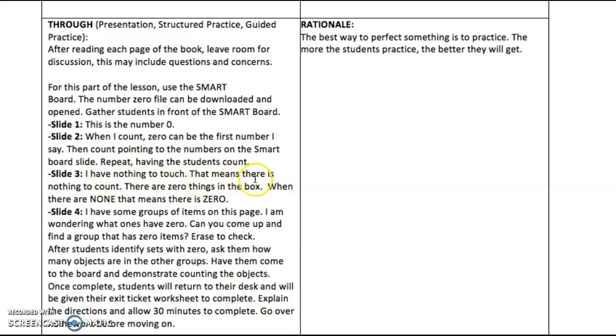This means that there is nothing to count. I have some groups of items on this page. I am wondering which ones have 0 and have the students come up and point to which ones have 0 and so forth. So here is the detailed part of the Smartboard lesson.